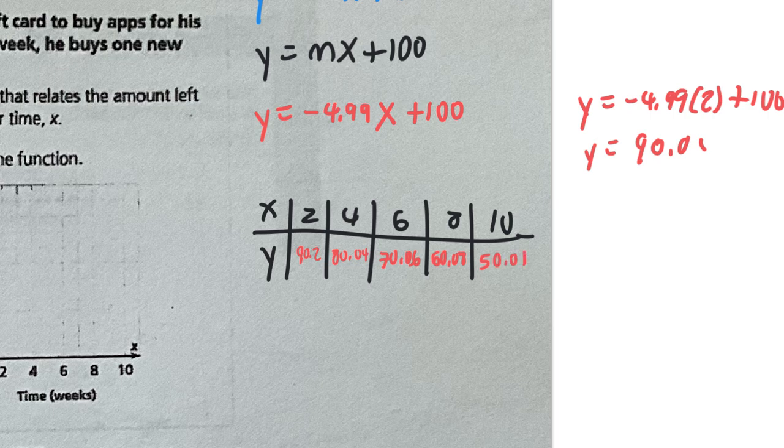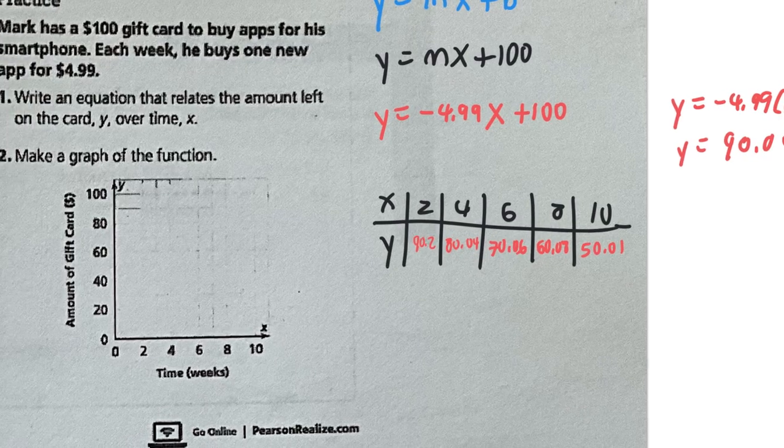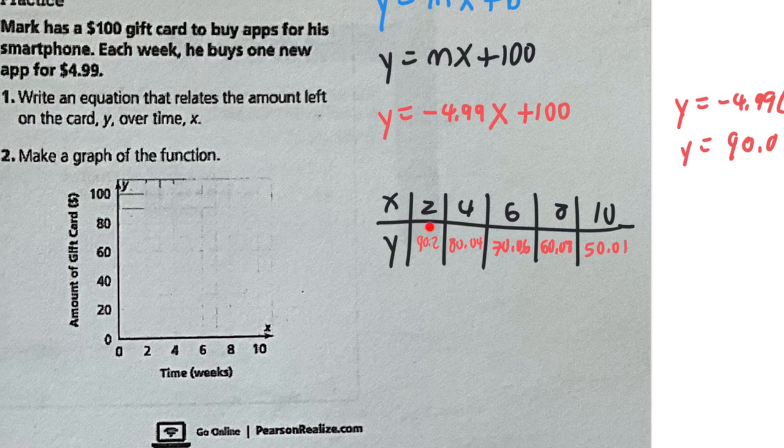Okay. So then plotting those points, one of the points is 2 comma 90.02. So I think my student watching would agree that's going to be something like that. The next one is 4 comma 80.04. I think my student watching would agree that's going to be right there. The next one is 6 comma 70.06.